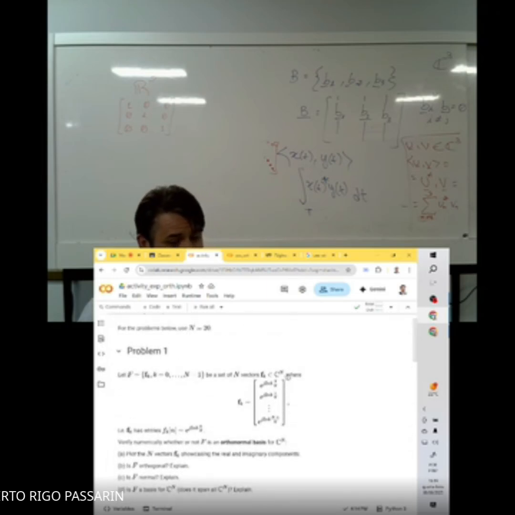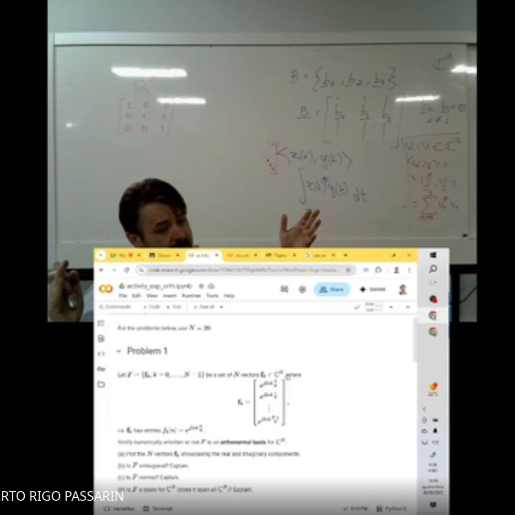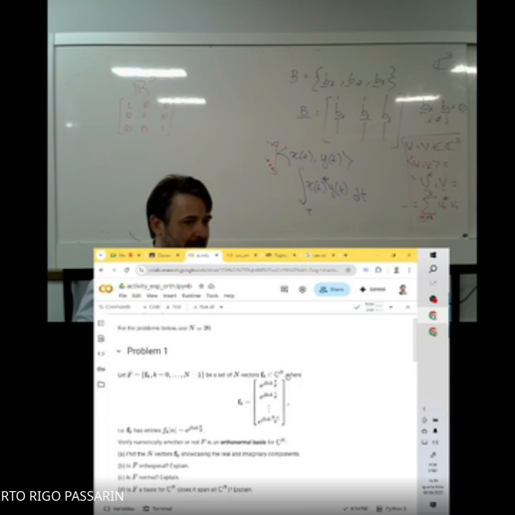This will show you that for discrete signals, if you have a period of n samples, you need n exponentials with n samples to represent any signal that you can put in this period.